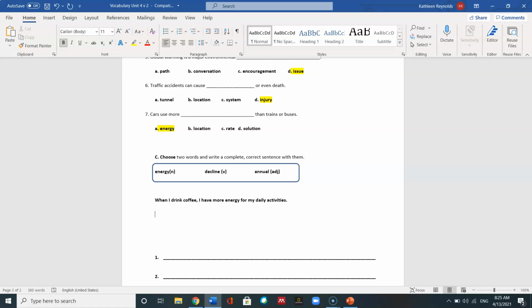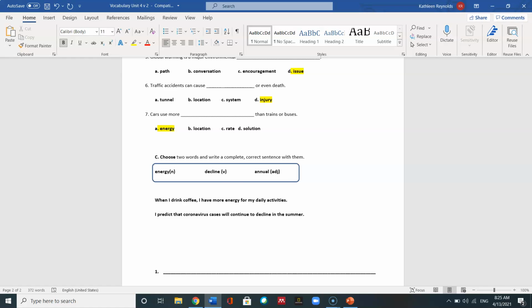Okay, decline means to go down. I predict, I'm being fancy, I'm using another vocabulary word, that coronavirus cases will continue to decline in the summer.